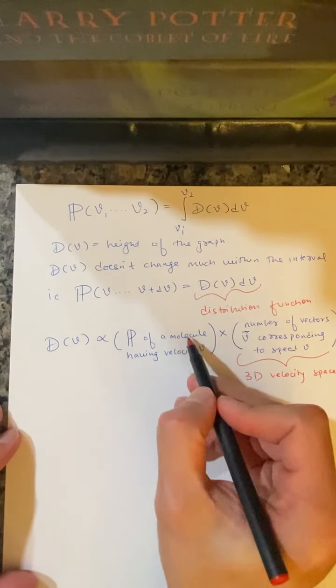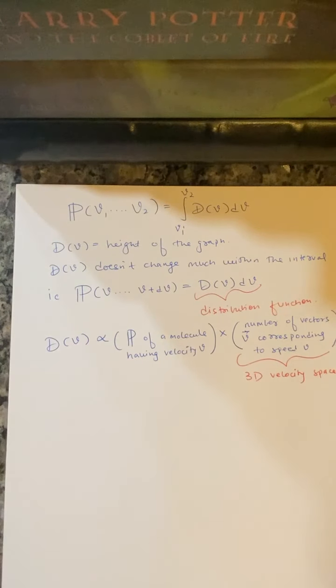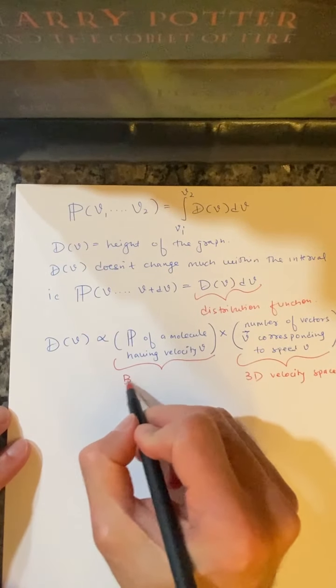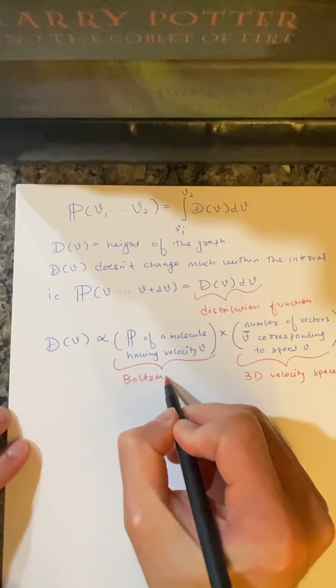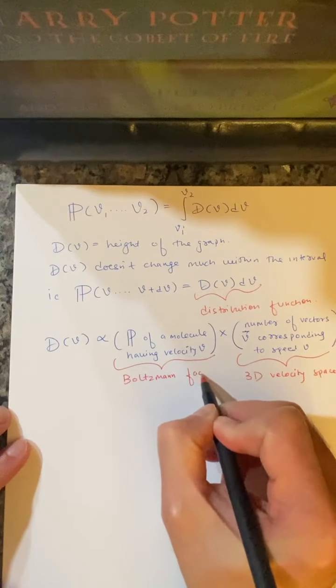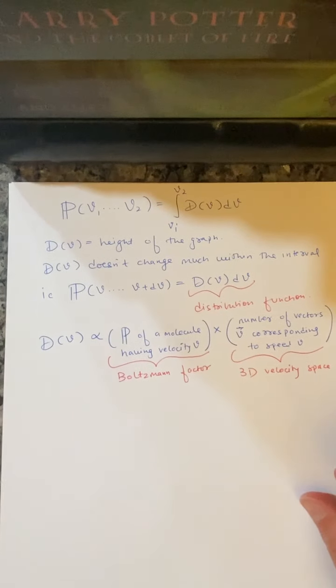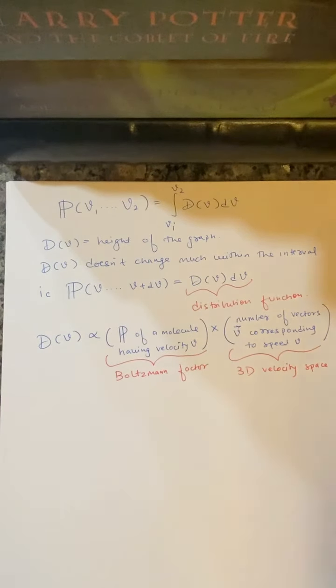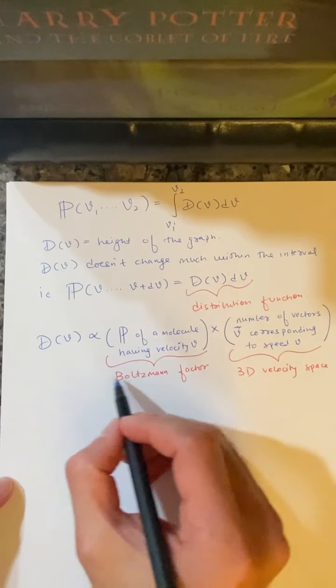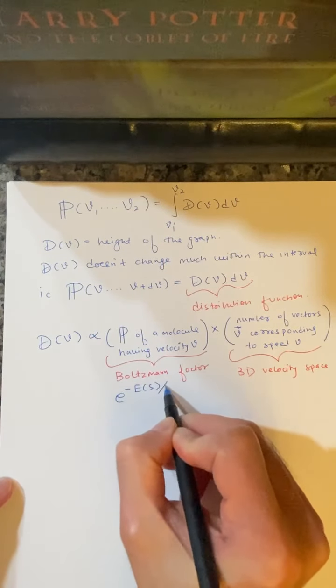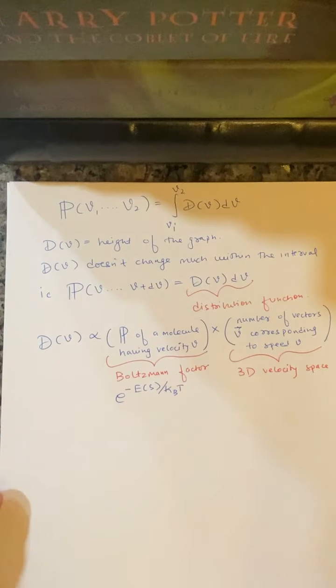And over here, probability of a molecule having velocity v, you're literally looking at the Boltzmann factor, as I said earlier. And as you know, the Boltzmann factor can be given as e raised to minus Es over kBT.